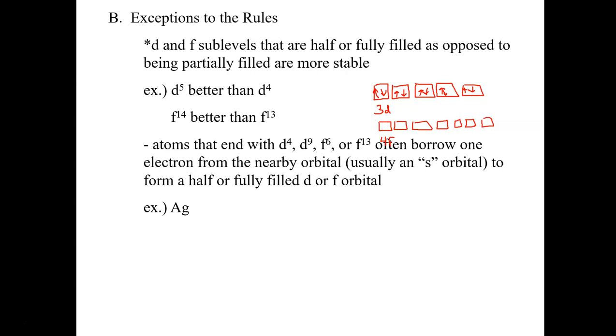Let's narrow it down and do just the configuration notation, like the 1s2, 2s2, 2p6, that deal. So I want you to figure out what silver's would have been. But don't worry about this exception to the rule stuff. Just write it out as if you didn't know about this exception to the rule. Pause, do that, and then we'll come back.